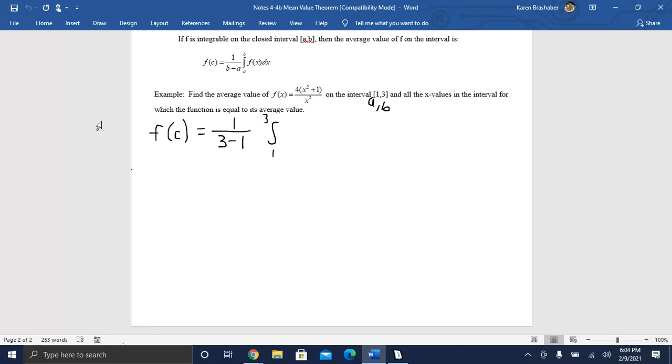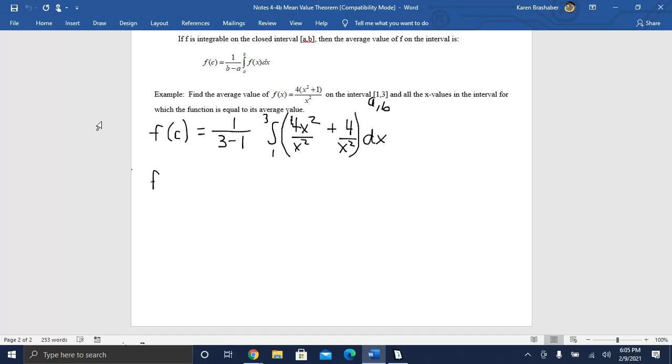And I am going to save myself just a little bit of time with my rewrite. I'm going to distribute the 4, so I'll have 4x squared plus 4. And I'm also going to write my x squared under each term to save a step as I do this rewrite.